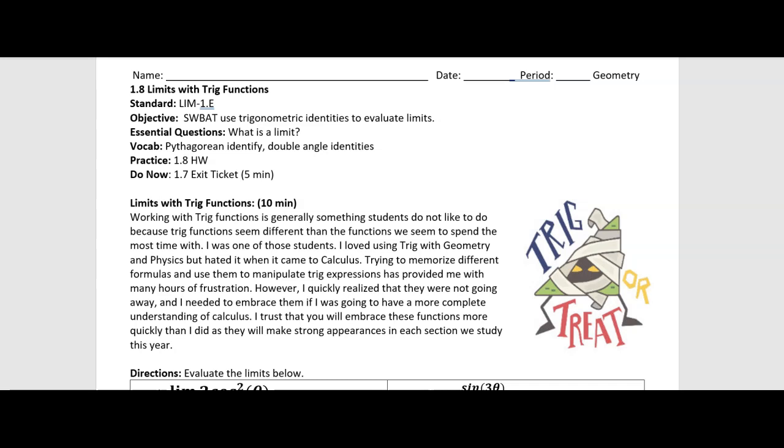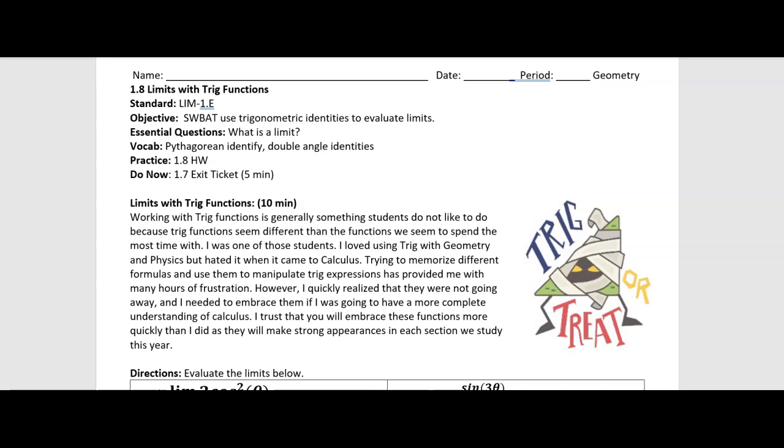Today we're going to start our discussion of trig functions and trig identities and how they can help us evaluate some limits. This topic is usually one that students tend to shy away from, and they don't like to put in a lot of work in this topic because it's not as fun. It can be difficult.